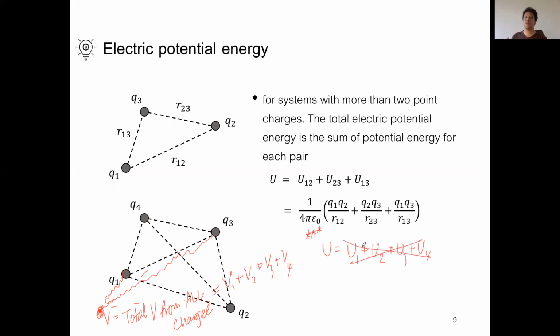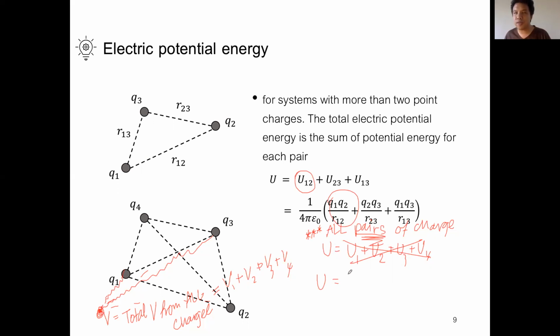For potential energy, we need to consider the energy from all pairs of charges. So the potential energy such as U12 cannot be written in terms of just one charge; it should be written in terms of two charges.